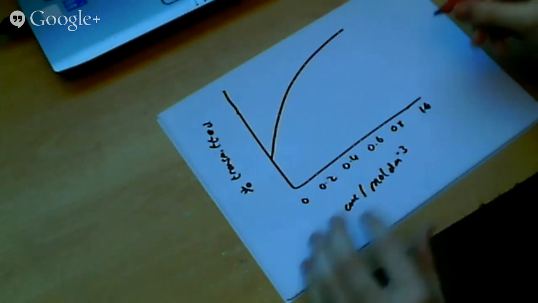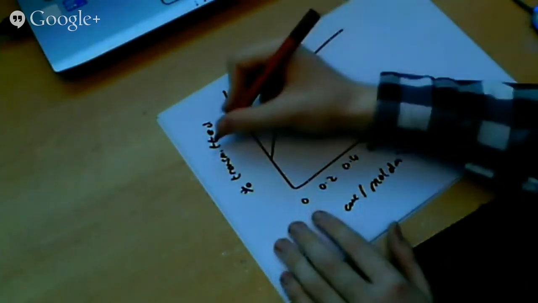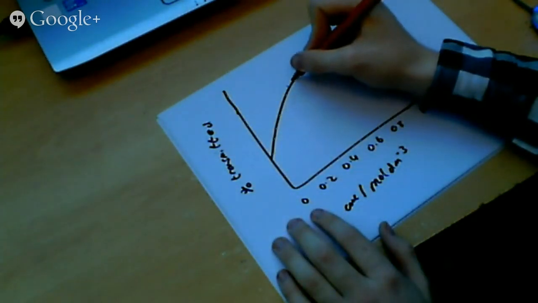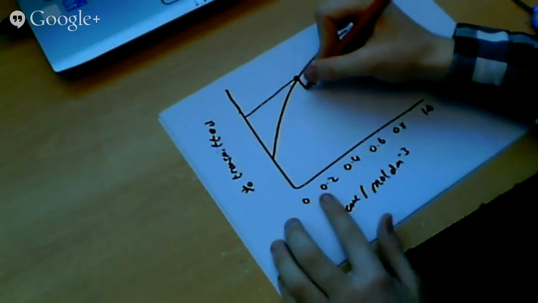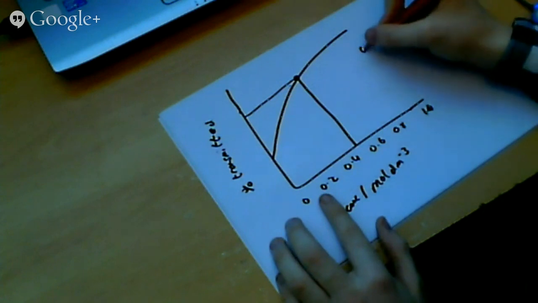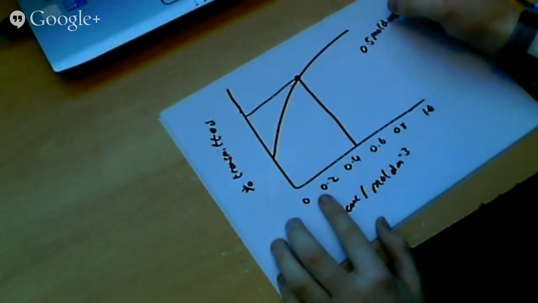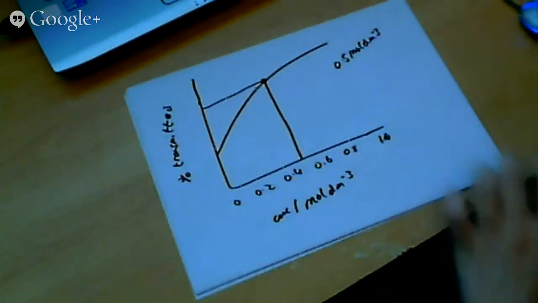And then you test your sample and see how much is transmitted. So let's say that much was transmitted there. Draw a line along, and then draw a line down, and here you know that your sample is probably 0.5 mol per dm cubed.